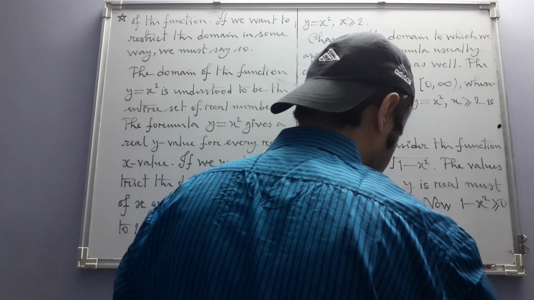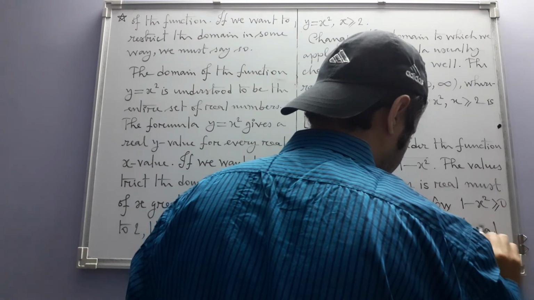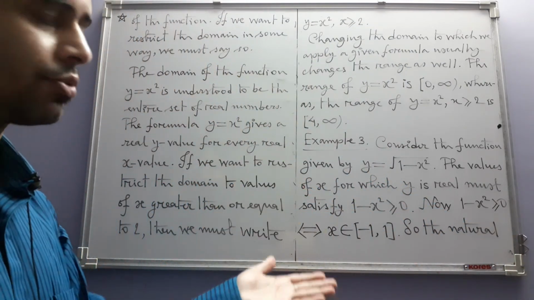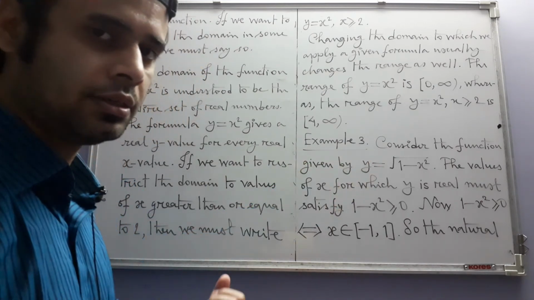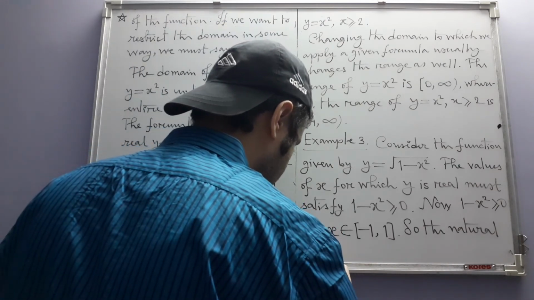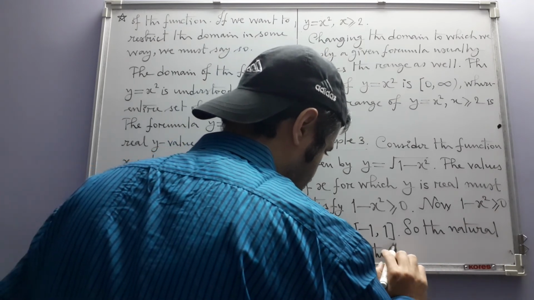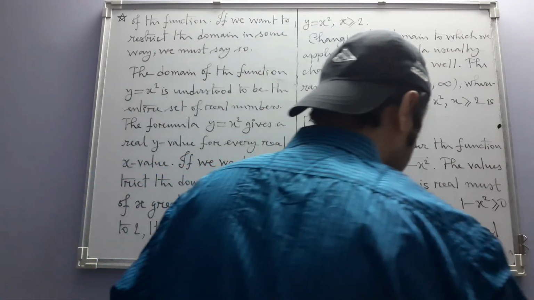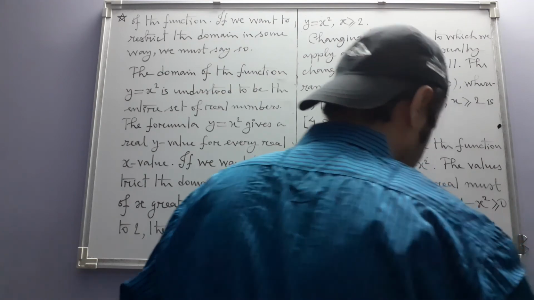So the natural domain, keep in mind here we are trying to find all the x's for which we get real y, so that means we are trying to find the natural domain. So the natural domain of the function is this closed interval.